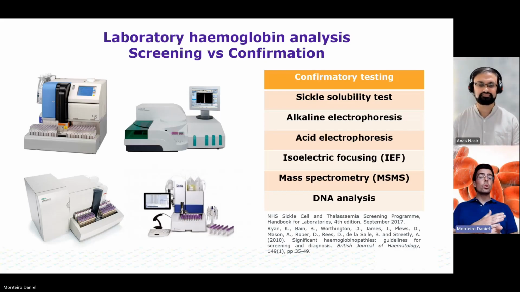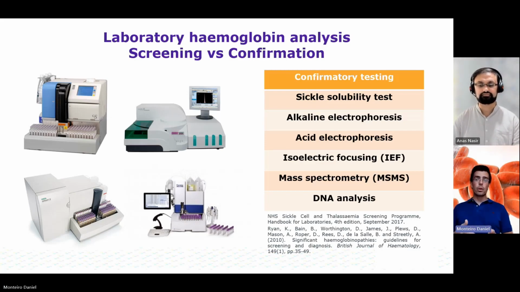So that's your screening. Imagine that you find something abnormal, for instance, hemoglobin S. The next stage is to use a confirmatory test. It's not good enough to say there is a hemoglobin variant detected by one analyzer or one technique. You then need to use a second technique, different from your first, with different principles, so you'll be able to confirm it.